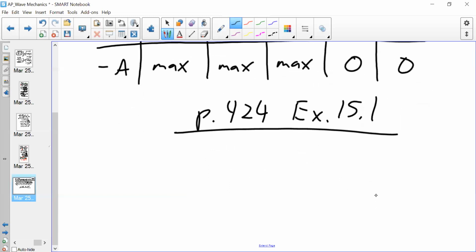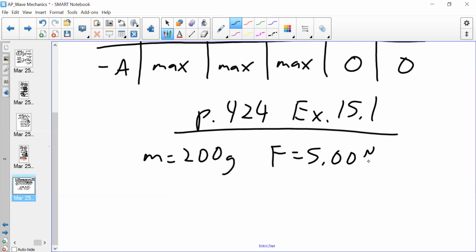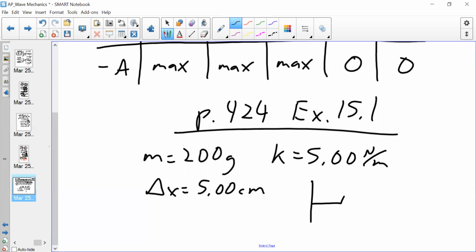So just going through. Then the displacement from 0, 5 centimeters, and the picture would look something like this.